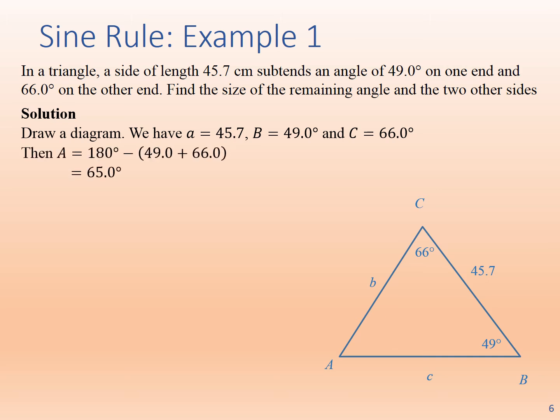So we'll add up the two known angles, subtract that from 180 degrees to get A as 65 degrees. We can now use the sine rule to work out the unknown lengths B and C.